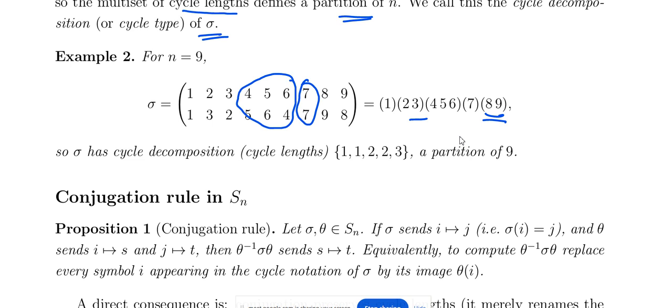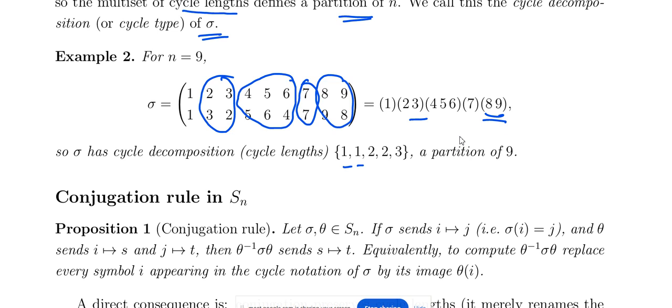So sigma as a cycle decomposition, cycle length பார்த்தீங்கன்னா 1 ஒன்னு இருக்கு, and 2 இருக்கு, 2 comma 2, and ஒரே ஒரு 3 இருக்கு.